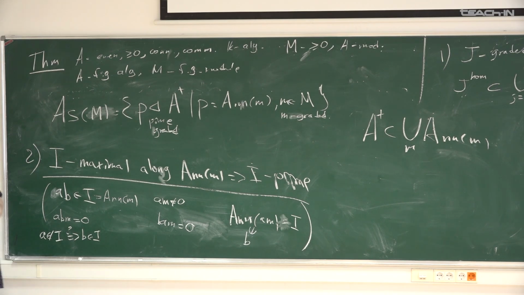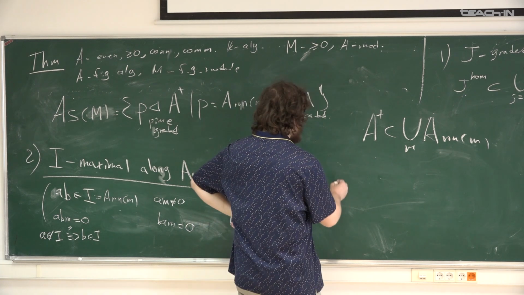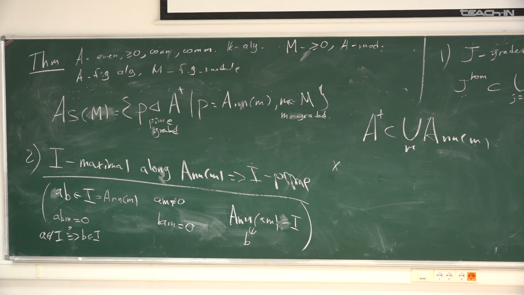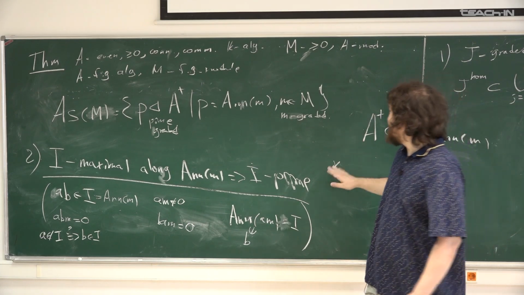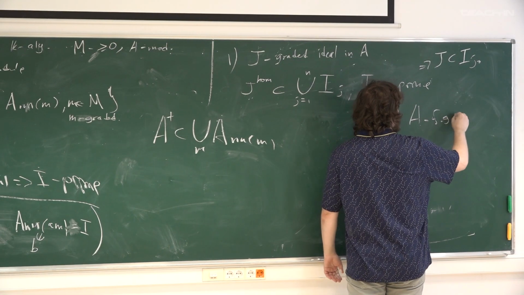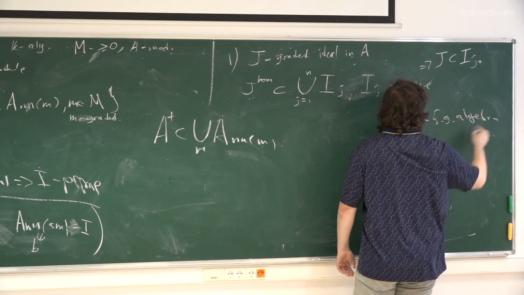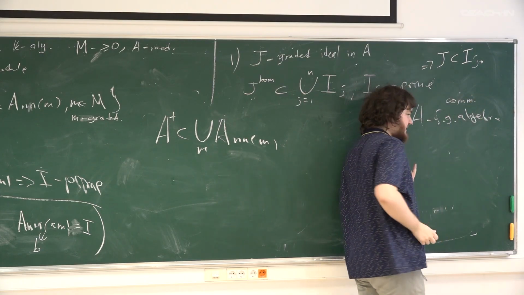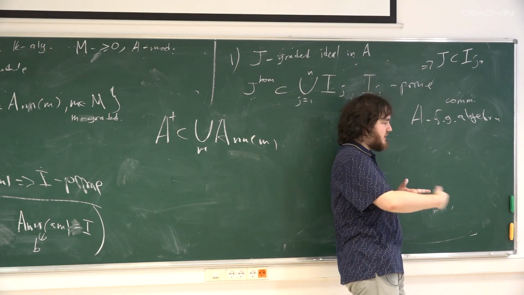Yes, any non-zero element lies in some annihilator. Here, if A is a finitely generated commutative algebra, this means it's a quotient of a polynomial algebra.